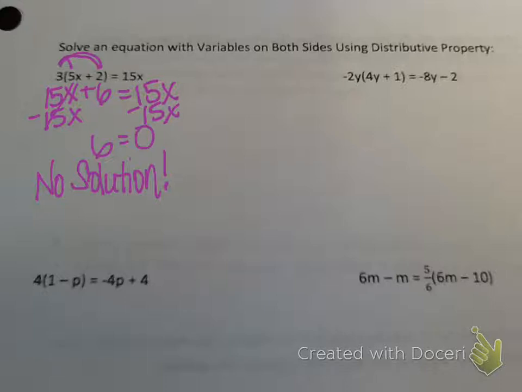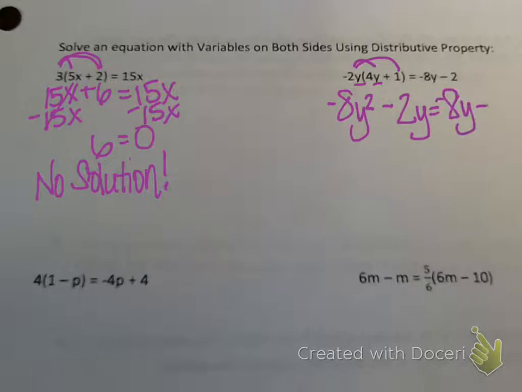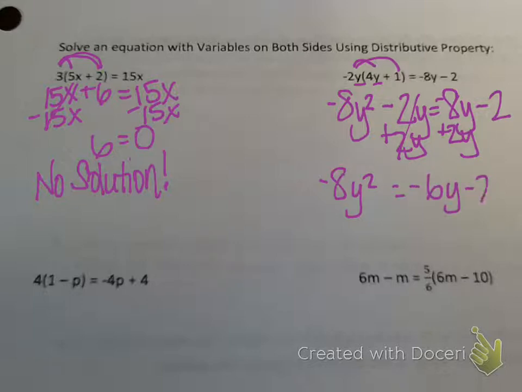On our next problem, again we're going to distribute. Negative 2y times 4y gives me negative 8y squared, because y times y gives me y squared. Negative 2y times 1 is negative 2y. And now I can add 2y to both sides, but I'm still going to be left with negative 8y squared equals negative 6y minus 2.